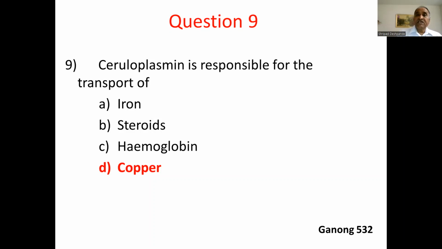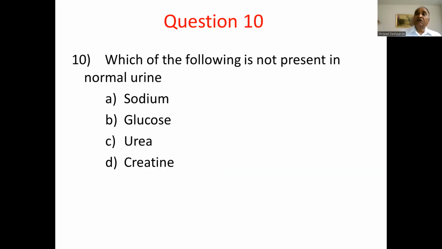Going on to the next question, question number 10. Which of the following is not present in normal urine? A, sodium; B, glucose; C, urea; D, creatine. In normal urine, sodium is present, urea is present, creatinine is present. The mistake is creatine; it should be creatinine.